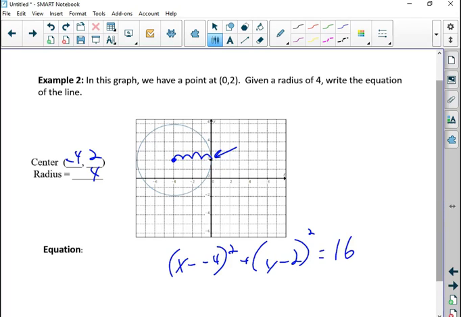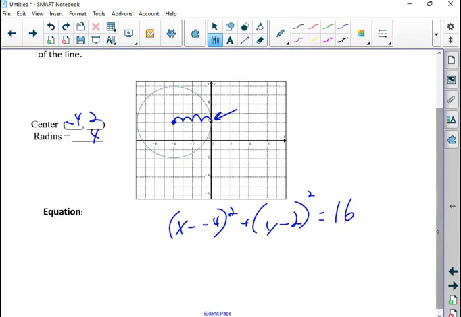This problem is perfectly acceptable to leave this way. If you want to clean it up and put x plus 4 squared instead of the minus minus, that is okay also. Either one of these is acceptable because they are the same thing. So if you're just given a point and the radius, you have to find the center and then fill in your blanks.